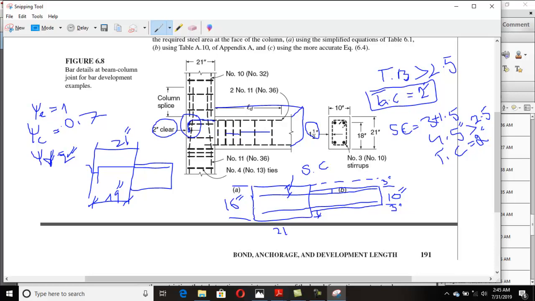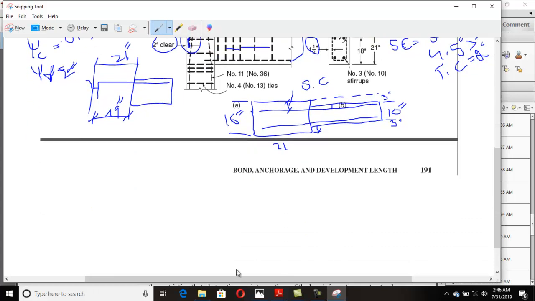And the other thing that is very important is that you have to provide a bend. The minimum diameter of this bend, for a number 11 bar, if you see the specification of a standard 90 degree hook, is equal to 8 dB. So the diameter of this bend will be 8 multiplied by the diameter of the bar, and then after that you have to continue for a distance of 12 dB.